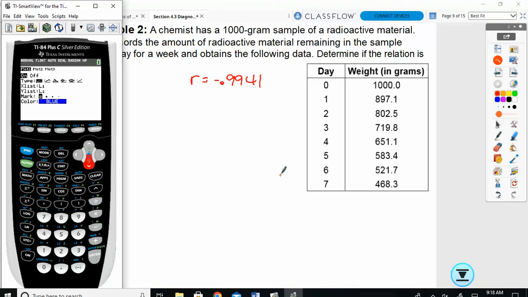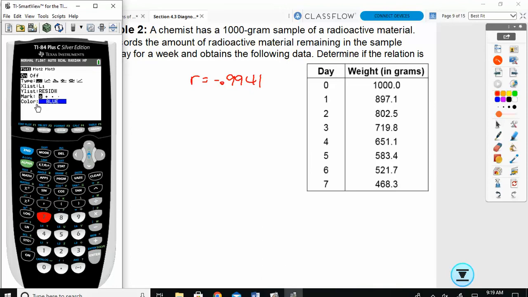So to get that, if we go into second stat, this gives us a list of variable names, and we want number 7, residuals.